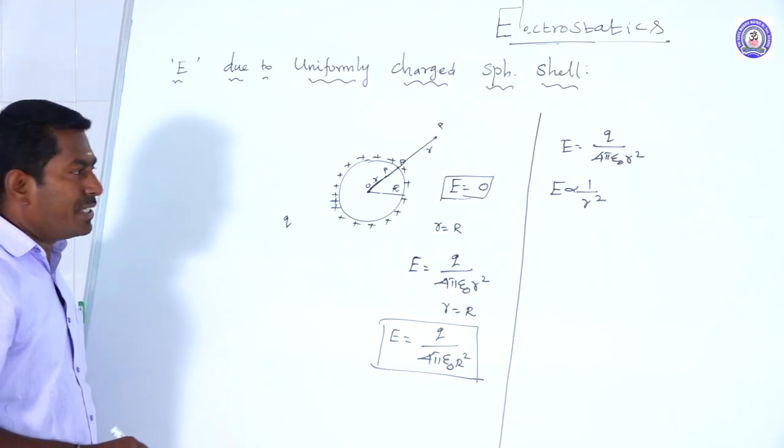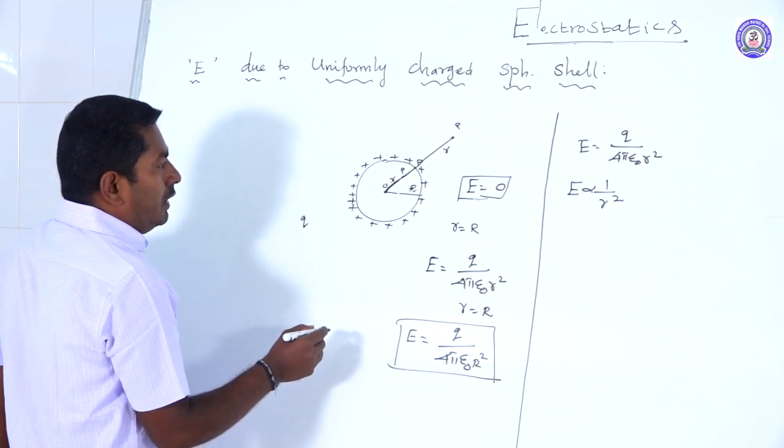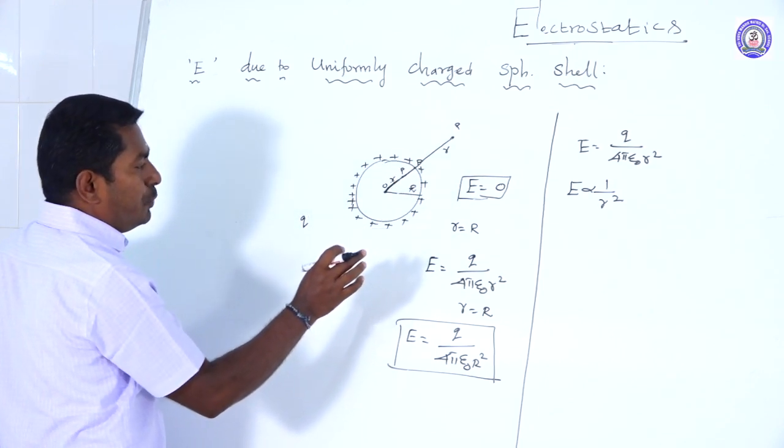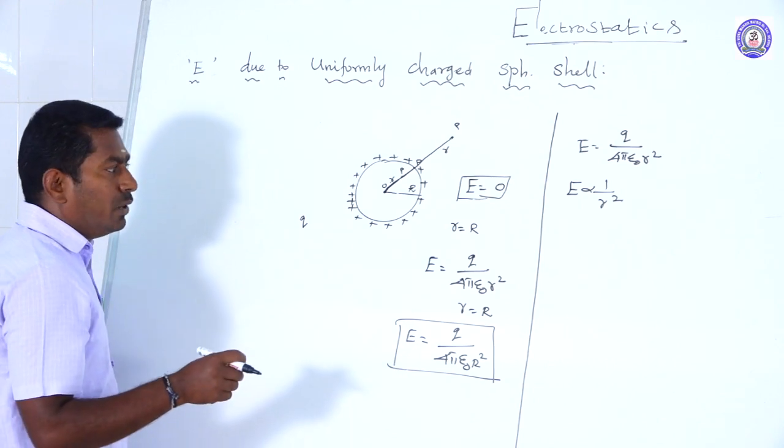Next we are going to see electric potential due to a uniformly charged spherical shell. Electric potential is a scalar quantity.